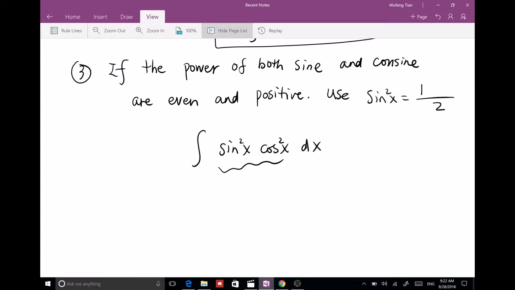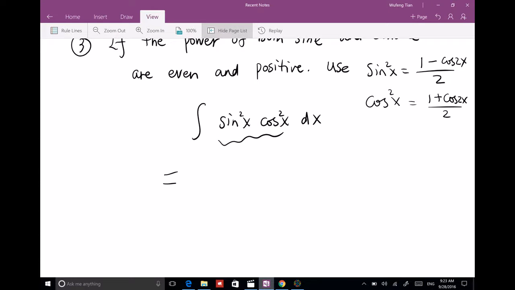One minus cosine 2 theta over 2. That's right. So sine x squared is, thank you, Lacey, 1 minus cosine 2x over 2. At the same time, I also have cosine x squared equals half of 1 plus cosine 2x.